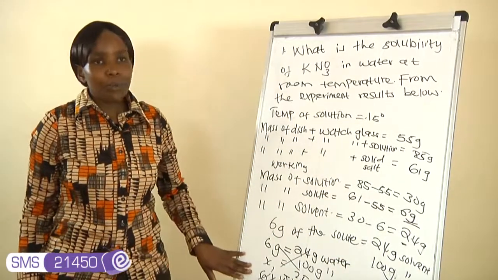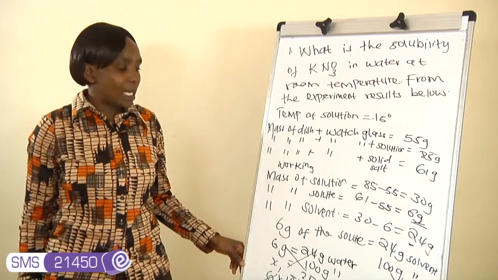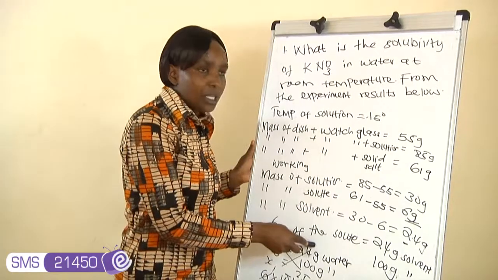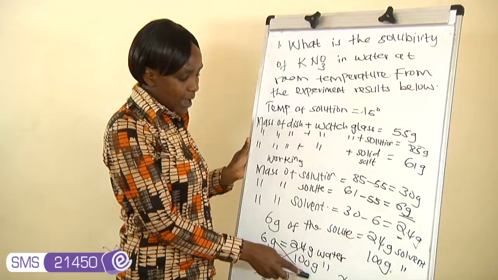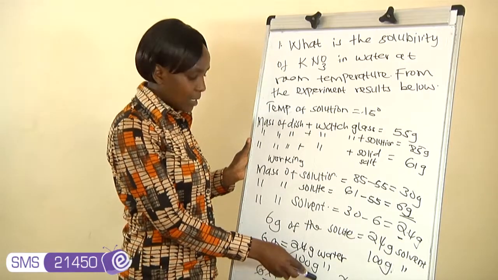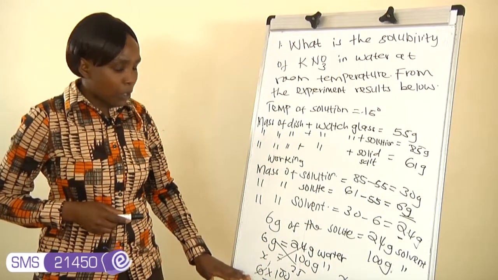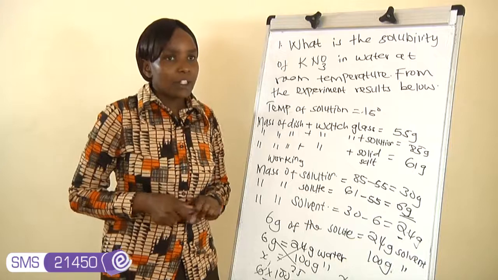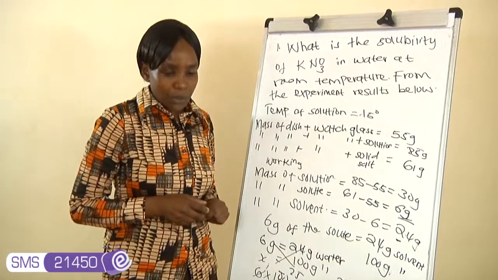Therefore, for our solubility, we said that you are talking of 100 grams of the solvent at a particular temperature. The 6 grams are only dissolving in 24, so you need to ask yourself, what about when you have 100 grams of water? To get that, we cross multiply and we get 25 grams. That will be our solubility.